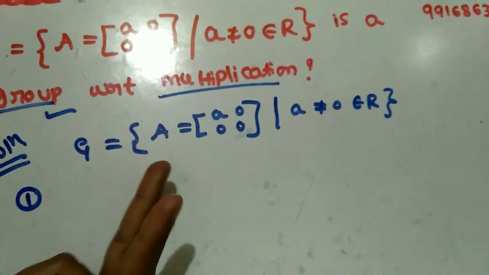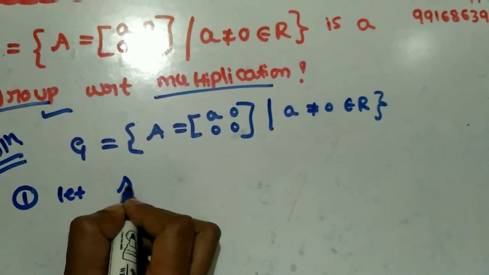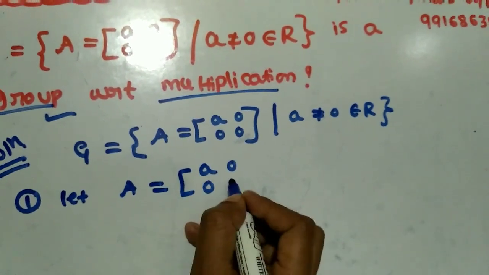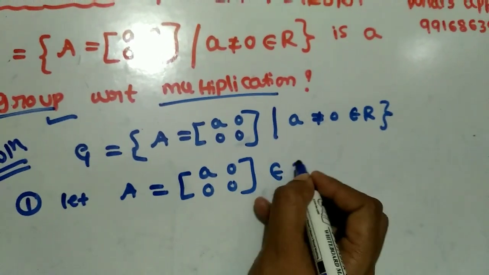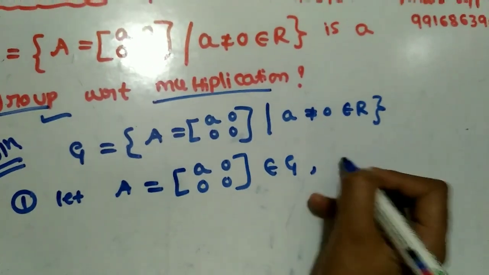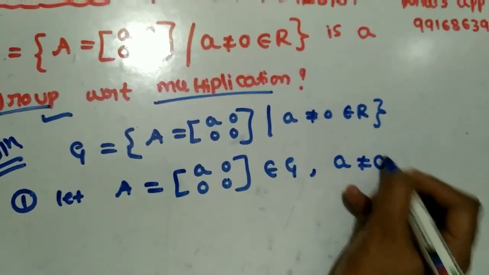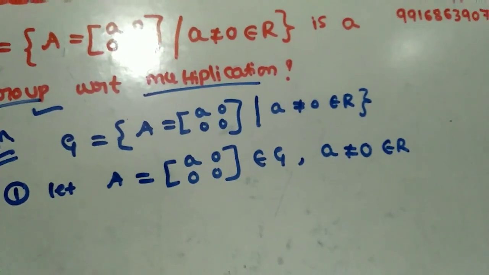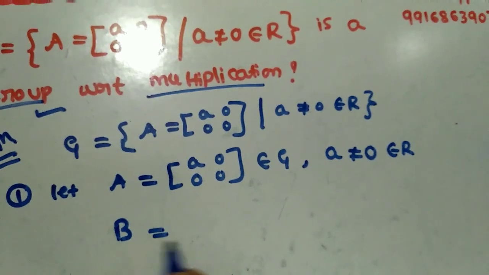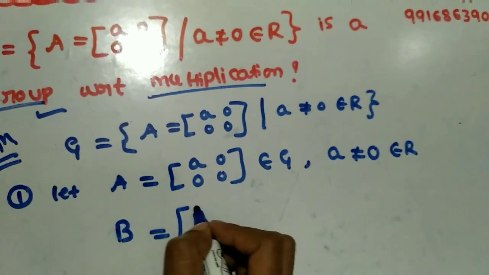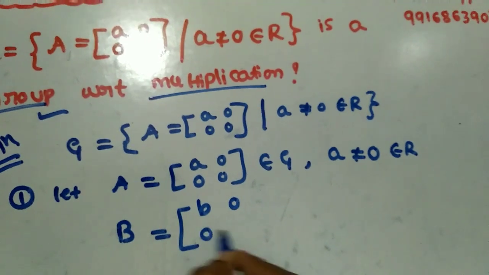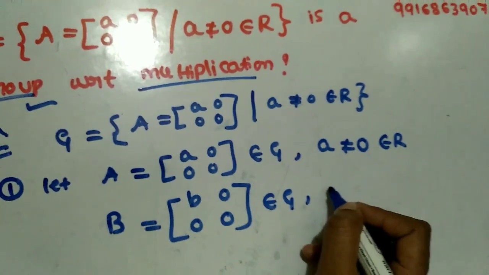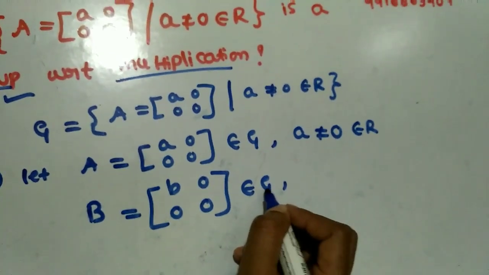So let us take the first matrix as A, that is A, 0, 0, 0, which belongs to G, and the other condition is that it is not equal to 0 but belongs to R. And another element I am taking as B, which is B, 0, 0, 0, and which also belongs to G. And G means any non-empty set.